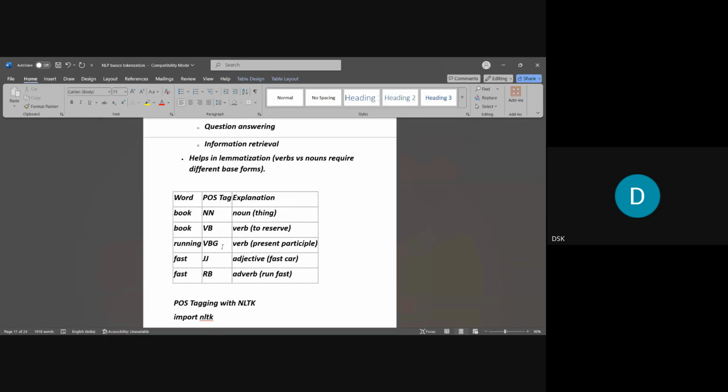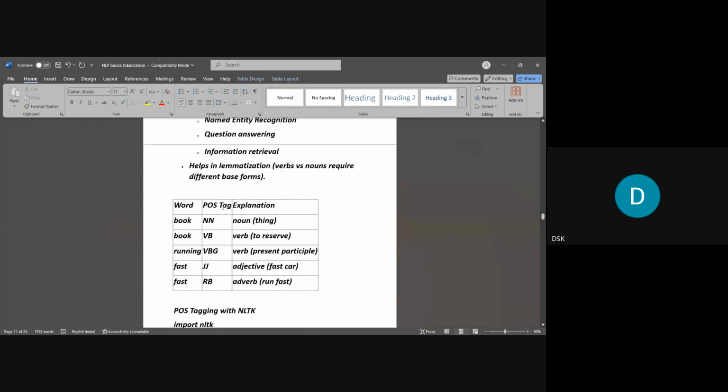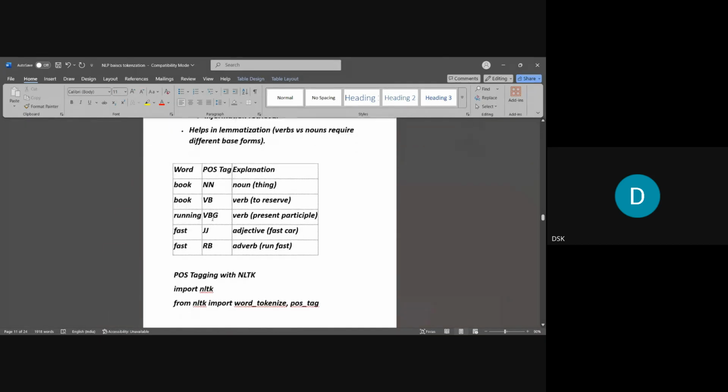It is signifying run fast. So that's the reason we are using these tags. And these are what POS tags, that is part of speech tags, are. So basically, these are the tags that are assigned to a word depending upon the context of the sentence in which they are being used.